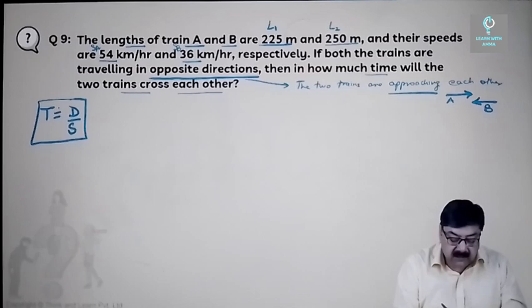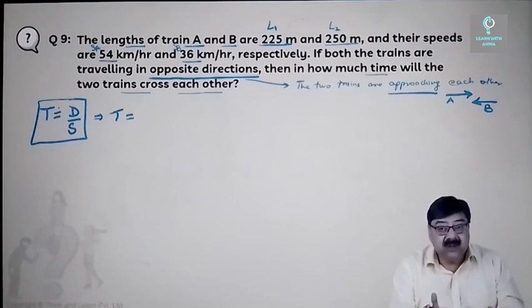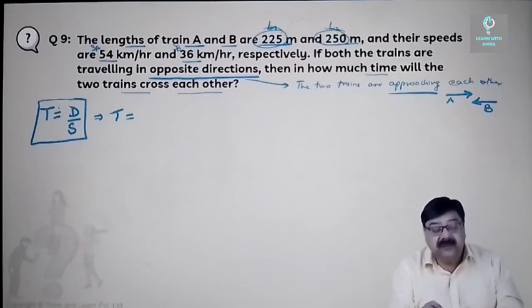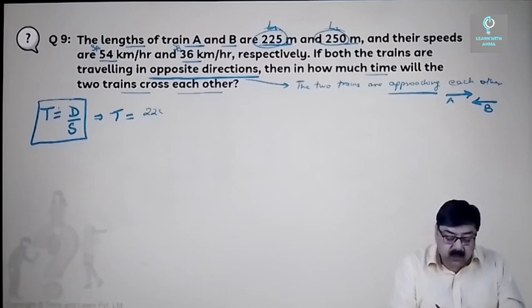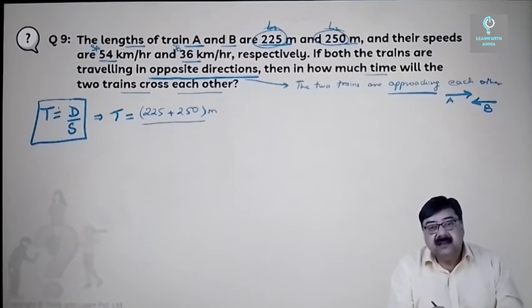Employing this formula, we will see time taken is, now the distance is how much? It is the sum of the lengths of the two trains, which are given to us as 225 and 250 meters. So 225 plus 250, this is given to us in meters, divided by the relative speed.